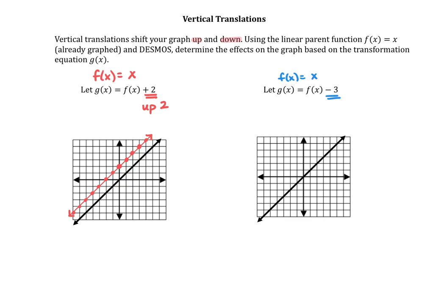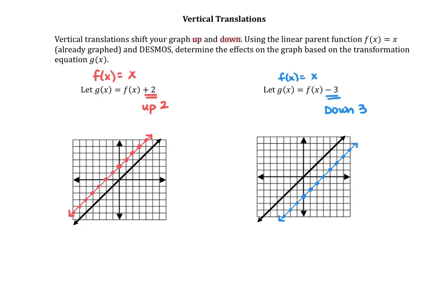This minus 3 is going to be shifting down 3, which means every single point on the original line shifts down 3. So then I can plot all of those points and see my new function. Again, connect all of my points with the line, and don't forget to add arrows to each end.